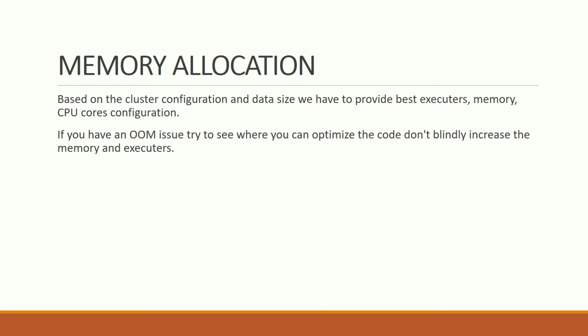If you have an OOM, which is an out of memory issue, try to see where you can optimize the code by doing the cache, by using the broadcast, or using the proper file format, or you can check whether the partition column is working fine or not, but don't blindly increase the memory or the executors or your cores.